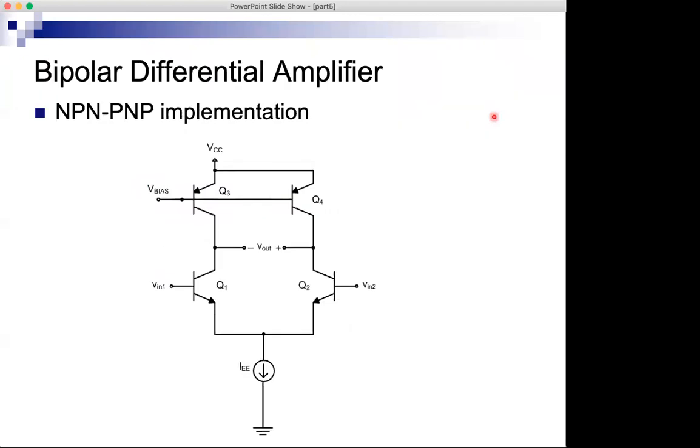And here's an implementation using PNP BJT instead of the resistors. How can we implement the current source? Let's see your guesses.